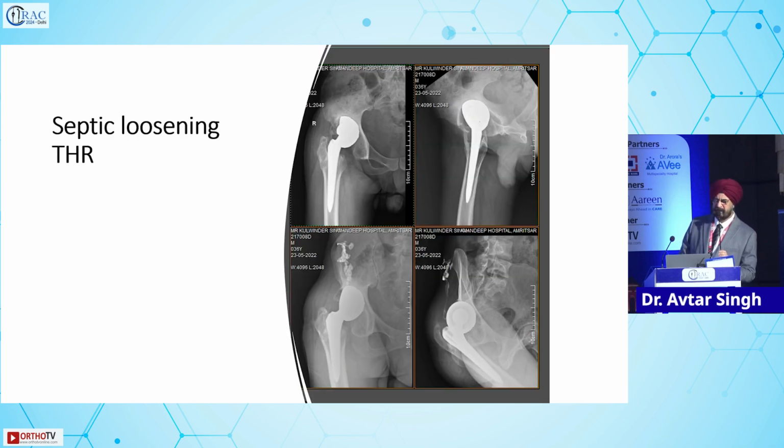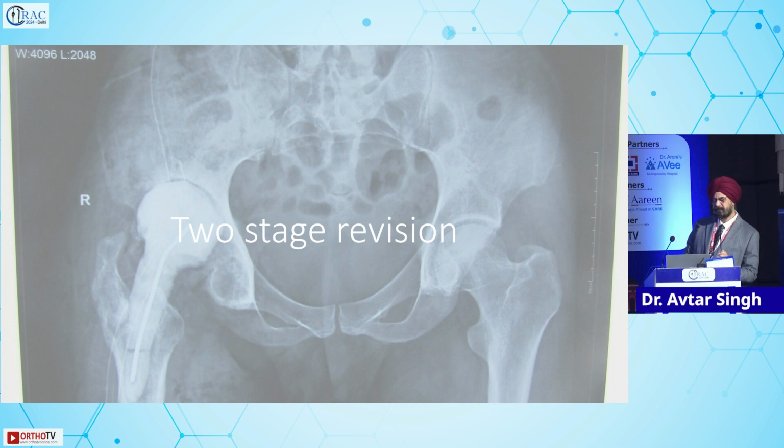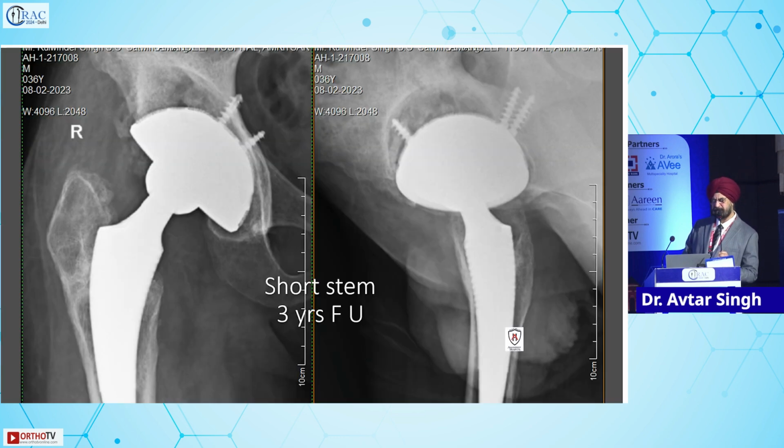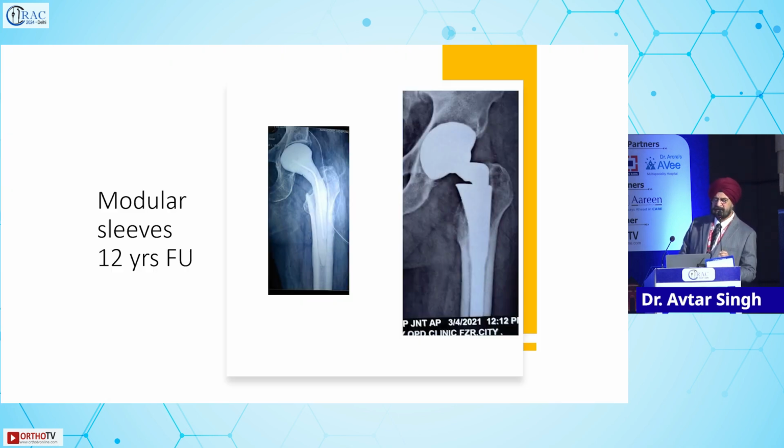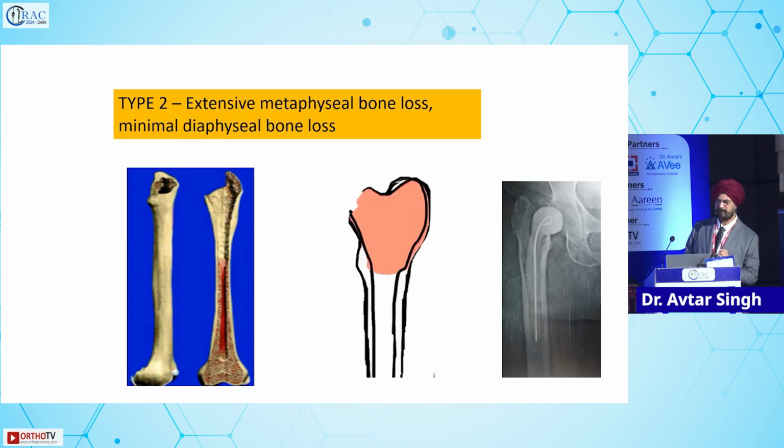Another septic loosening, 2-stage revision, cement spacer, and then a short stem, and this is 3 years follow-up. They do work in selected patients. Another, this was done with a modular sleeve. This was 10 years ago, a good follow-up. So you can select any of these implants according to the given situation.